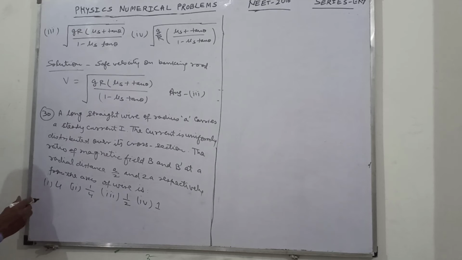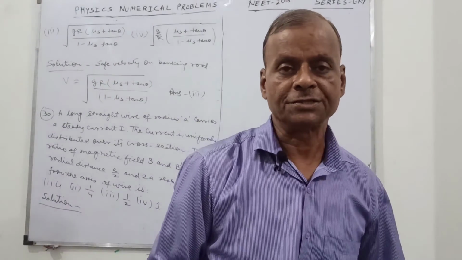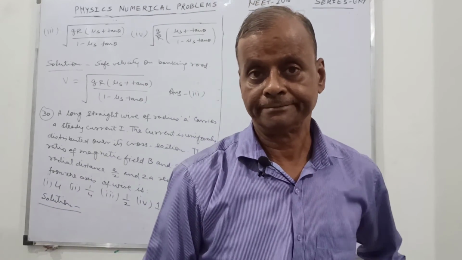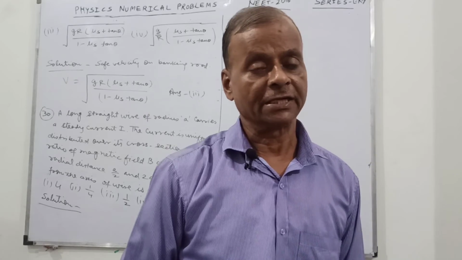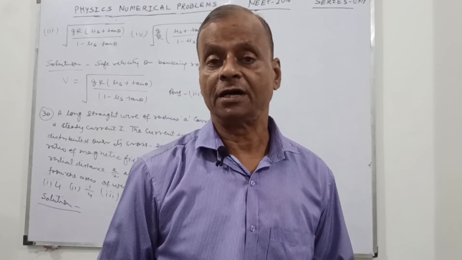Now the solution to this question. If you read this question carefully, then this is the application of Ampere's law, when the current passes through a solid cylinder of radius r.